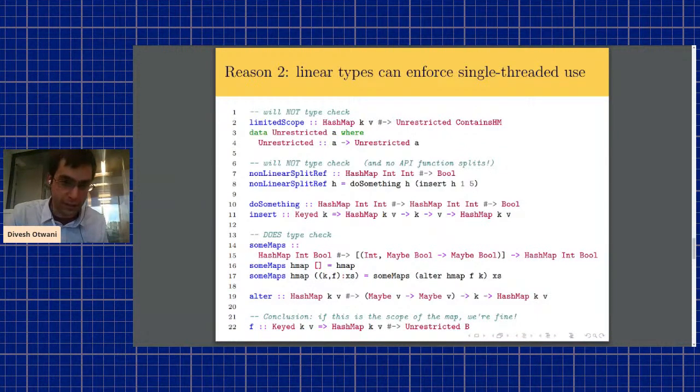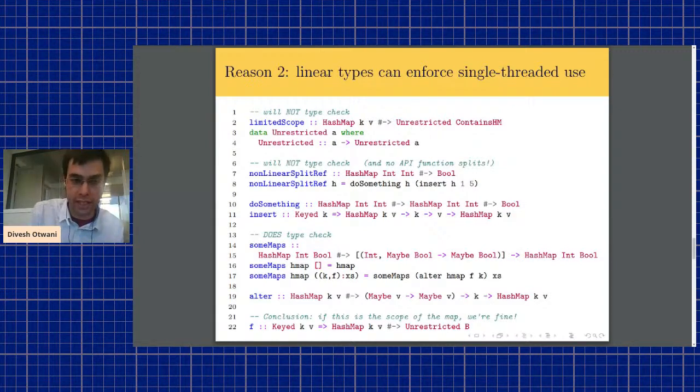Now, what this means is for you to write limited scope and put it inside of some contains hash map, and then put that inside unrestricted, GHC will detect that it cannot be sure that you're going to use this hash map only once. It's not held in a linear way, and as a result, you can't do that. We'll dive into that a little bit more with a concrete example a little bit later.